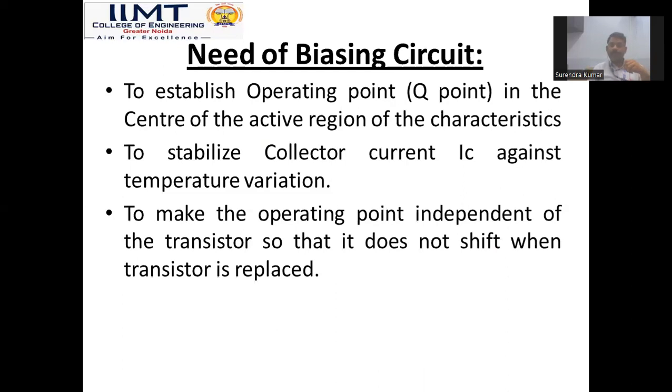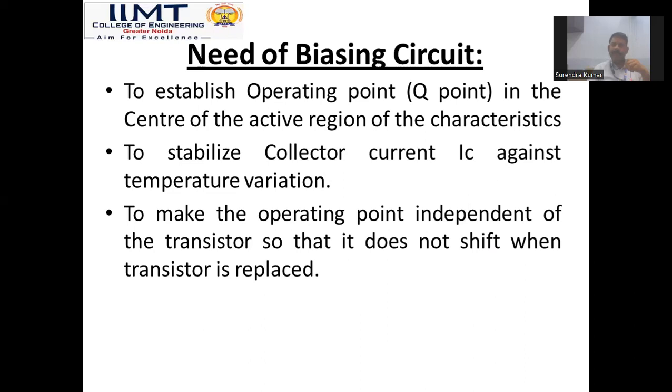The third is to make the operating point independent of the transistor, so that it does not shift when a transistor is replaced. If we replace a transistor with one of the same number, it is not possible to match all the characteristics. For example, if beta is equal to 100, it is not fixed that the new transistor will have the exact value of beta.